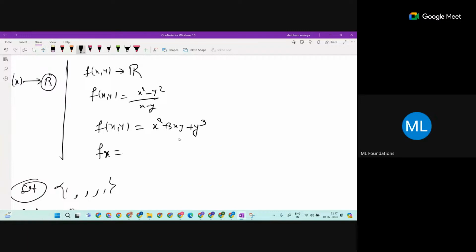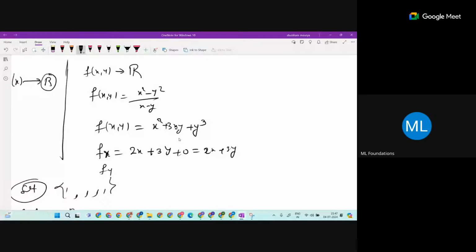So this is 2x, then 3y, and y cube is a constant, so this is 0. So 2x plus 3y.